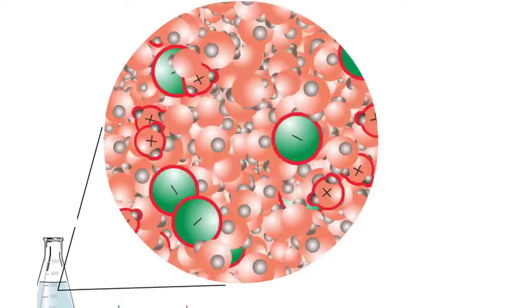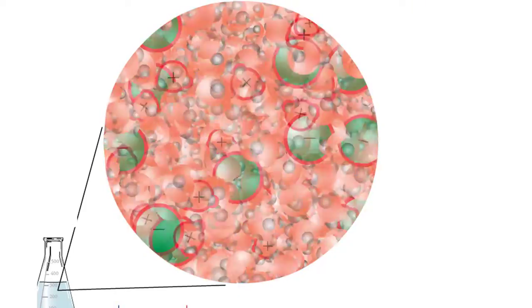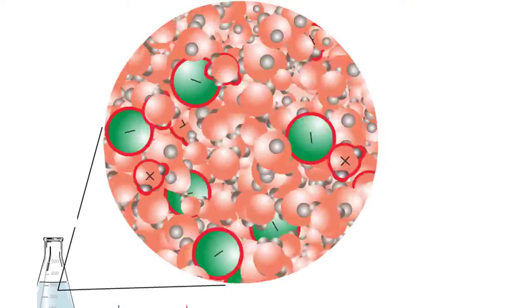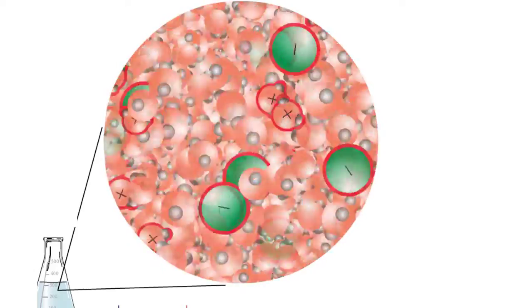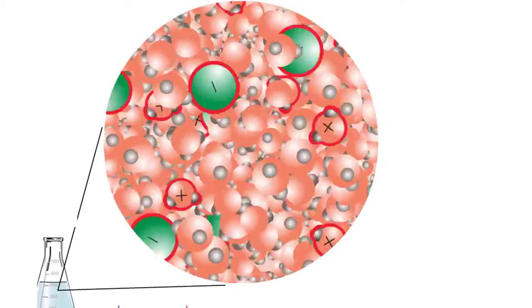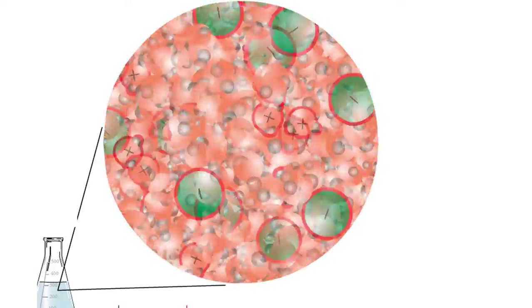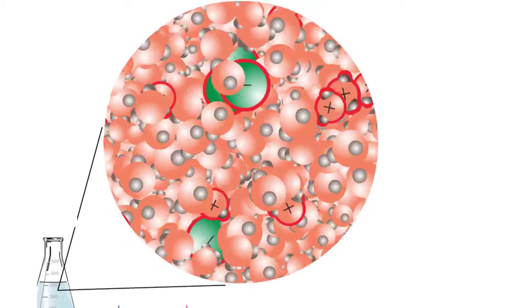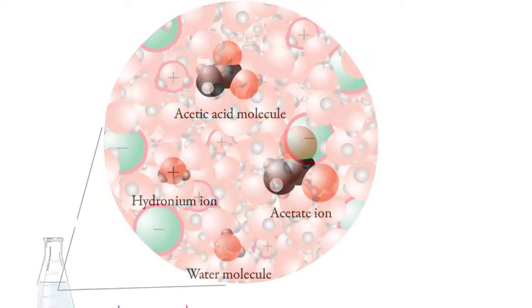Because the HCl produces hydronium ions in solution, it is an acid, and because all of the HCl molecules form H3O+ ions, it is a strong acid. The solution of HCl is called hydrochloric acid.